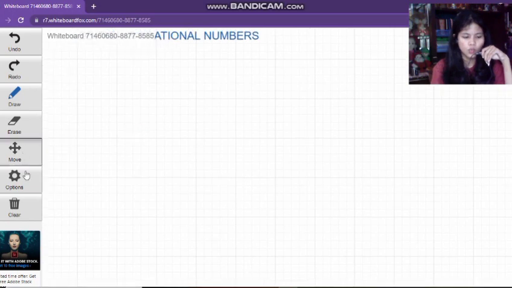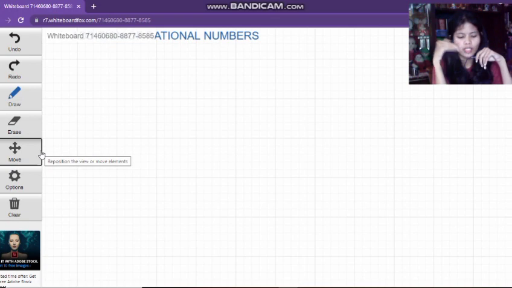The first, we add rational numbers with equal denominators, atau kita menambahkan bilangan rasional itu dengan penyebutnya yang sama.